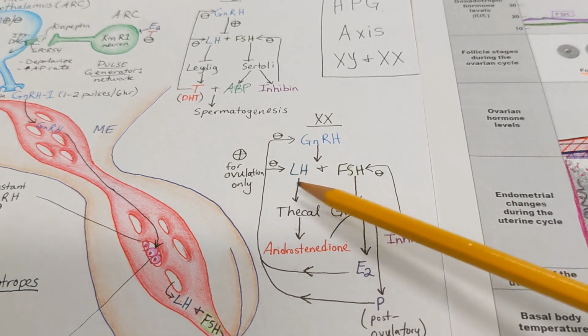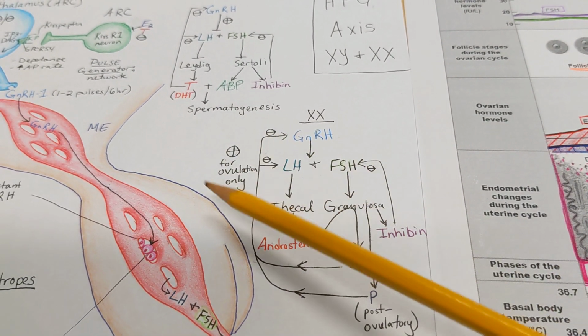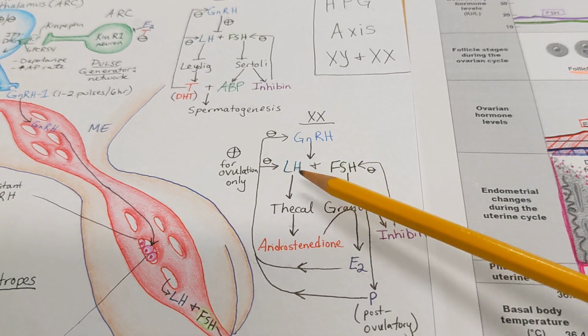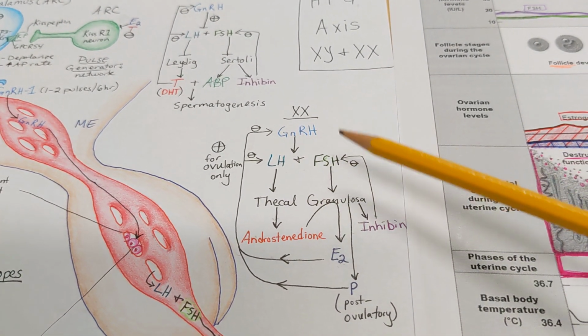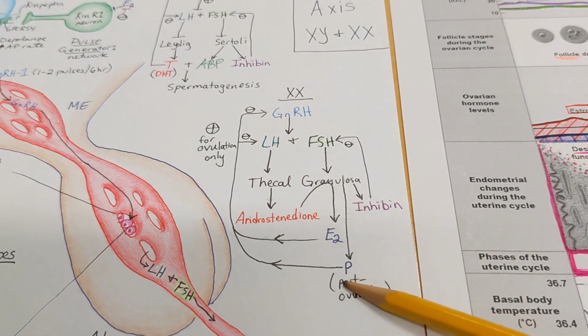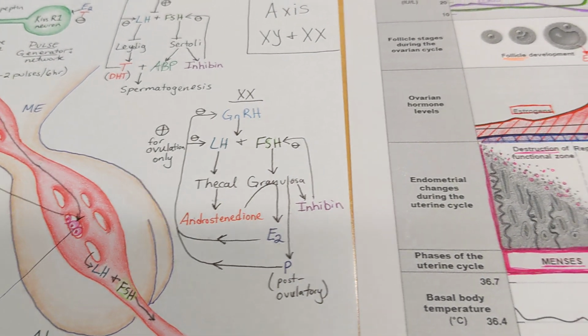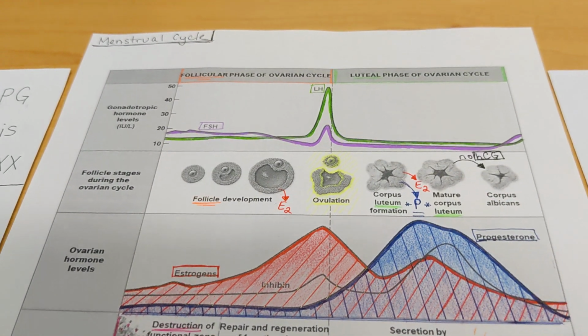However, at the middle of the cycle, there is a brief positive feedback of this estradiol, which is going to lead to a surge in LH and FSH. And after this time, we'll see an increase in progesterone, here P, and estrogen being secreted into the blood. So let's take a look at this relative to all of the other events.